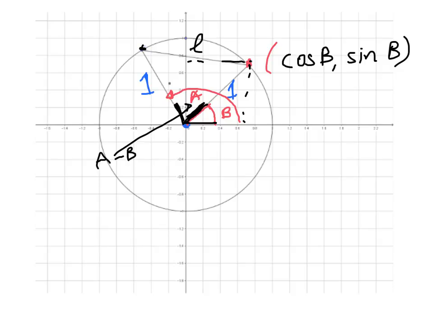Similarly, this point here is going to have coordinates cos of A and sine of A. Our radius is 1, so that's why there's no r coming up in there. So that lets me set up our problem, and now we're going to look at what we can do with it.